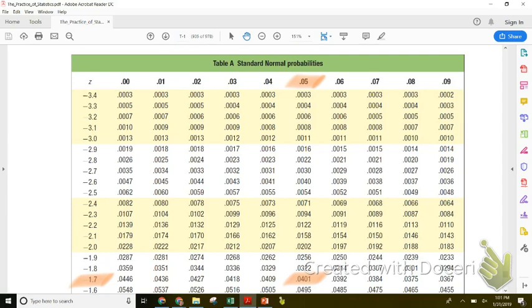But recall that these are for a less than problem. We want a greater than problem in this case, which means we would want the complement of this. So we would have to subtract the value that we found from our table from 1. We'd have to do 1 minus 0.0401.